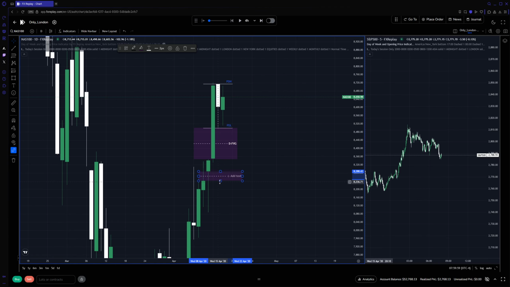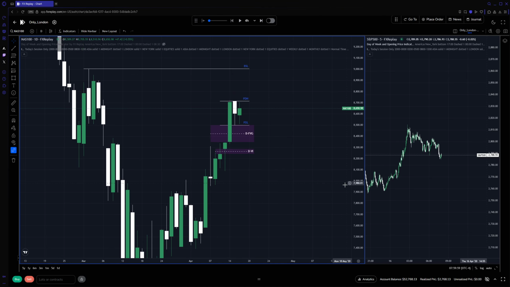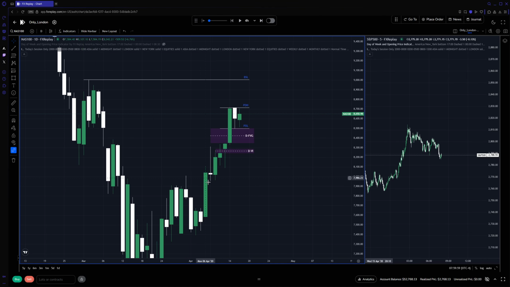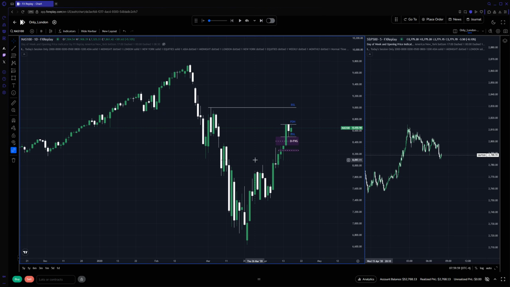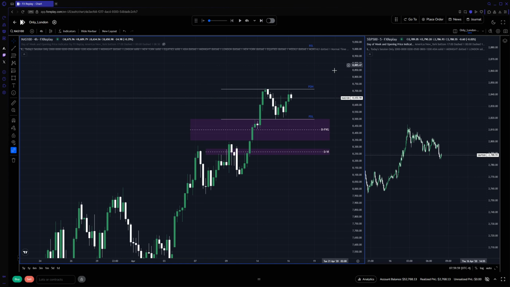I don't think it will get all the way down there, but it's still good to note bullish PD arrays that support your bias. And I could mark this out too, but I don't think it's as relevant. Unless the market decides to plummet, I don't think we need to worry about all the way down there.